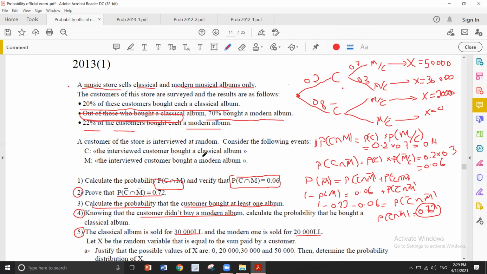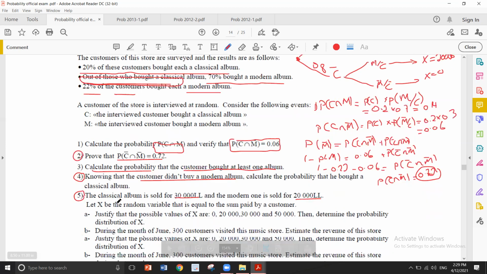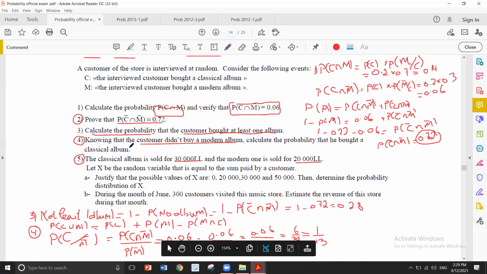Which part do you want us to do, 3 or 4? Part 4. Knowing that the customer did not buy a modern album, I put M bar below.